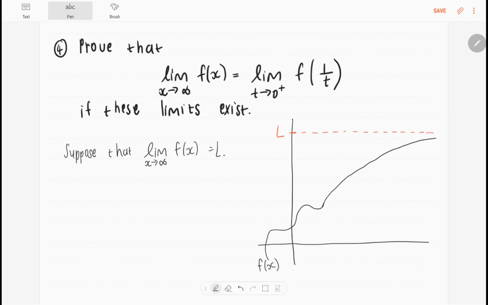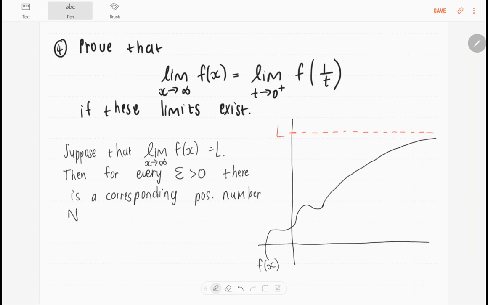Now we're going to say that then for every epsilon greater than 0, there is a corresponding positive number n such that the absolute value of f of x minus L is less than epsilon whenever x is greater than n.